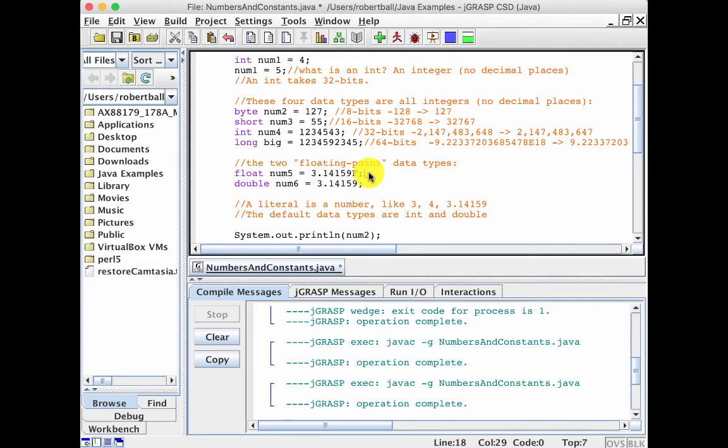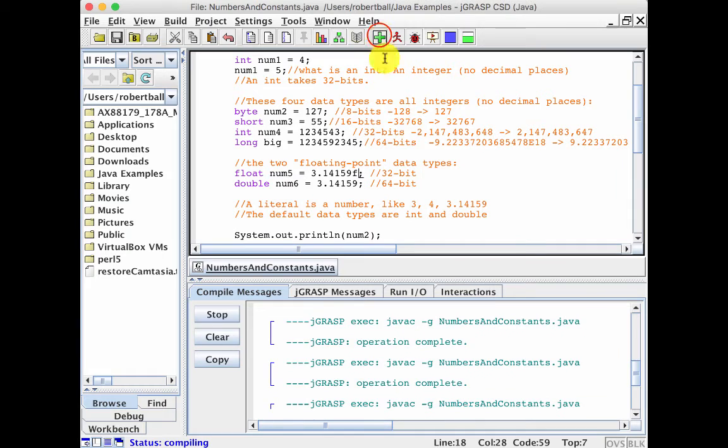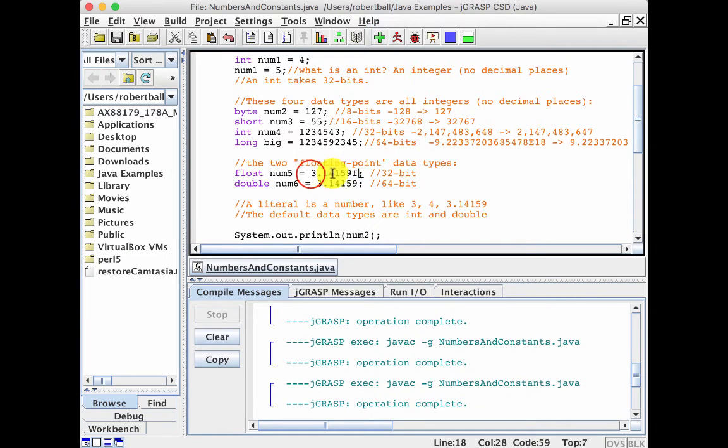So float, what is this? This is a 32-bit float, and this is a 64-bit float. By default, that is going to be a double. By default, without the f, it would be a double. By putting a capital F or a lowercase f, it doesn't matter, then it says, okay, I really do want to put this floating point literal into a float.